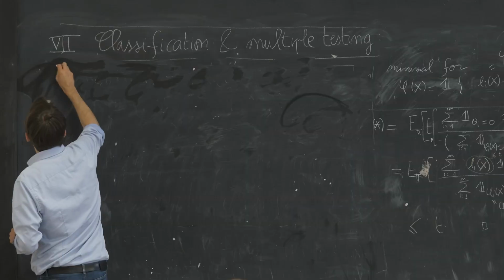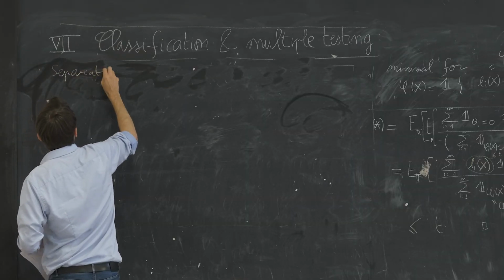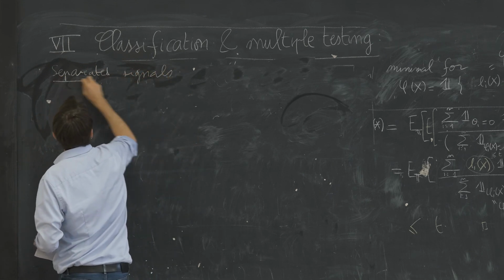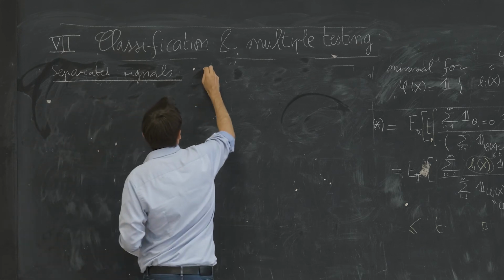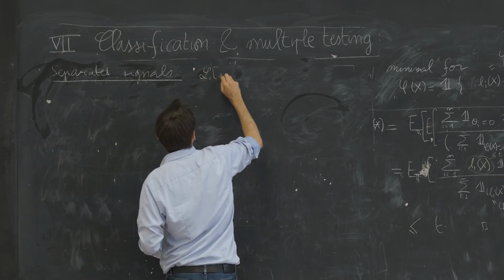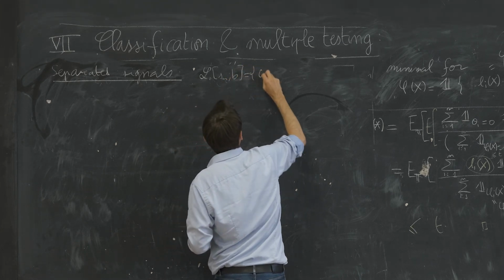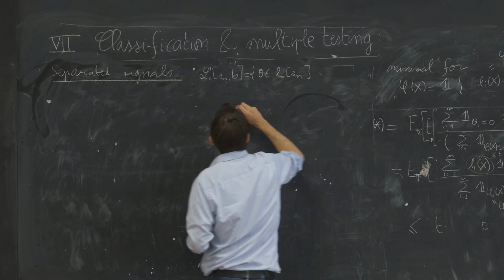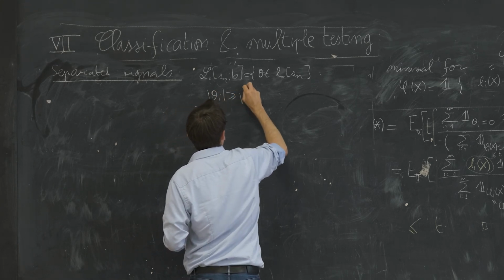Okay, so now we are going to look at the case of separated signals. Let me define a class of separated signals like this: the set of thetas in L0[s_n] such that if I have a non-zero value, then it's larger than this.